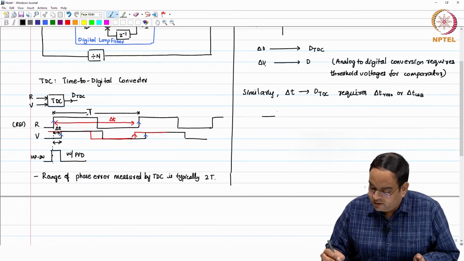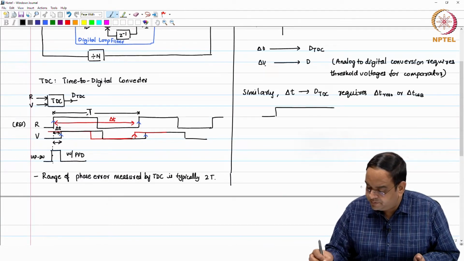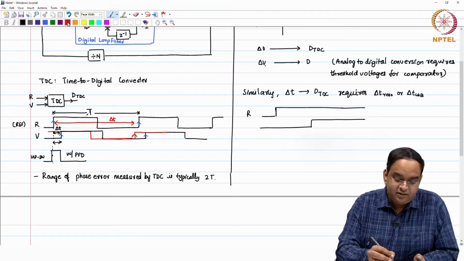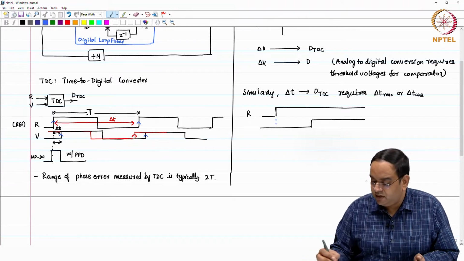If the phase error is something like this, just as an example, this is R and let us say this is V, and this separation between R and V has multiple slots.